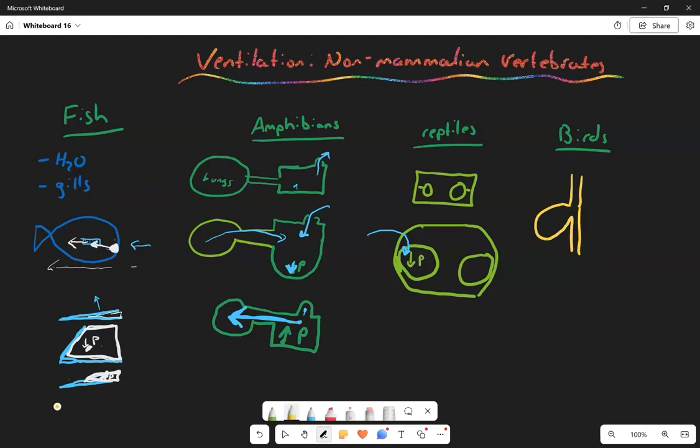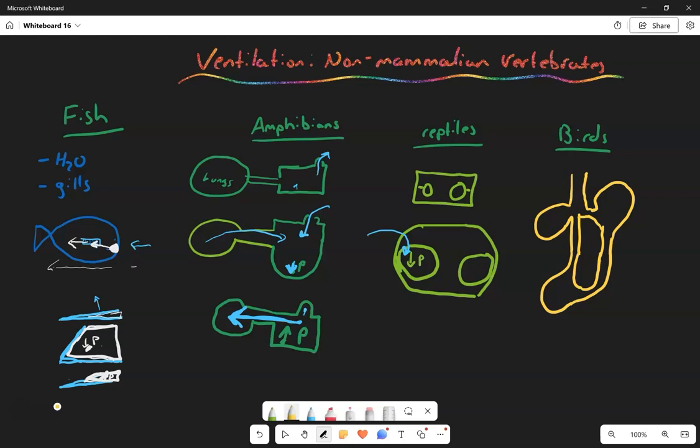And then we can continue in, and then there'll be another air sac, like so. And then the surface will spin around, and then there can be another air sac, and then it will go out the same way that it came in.